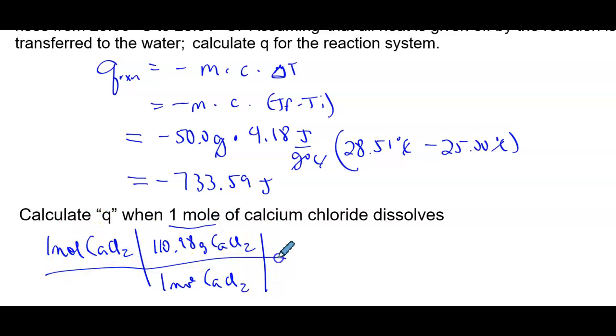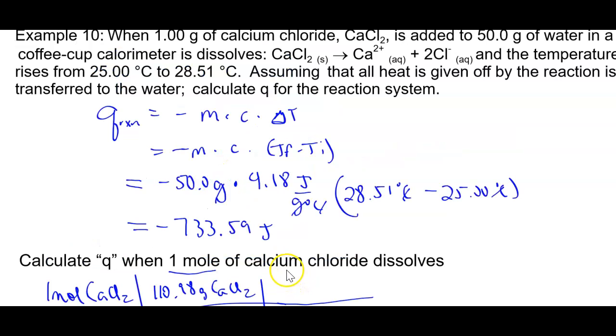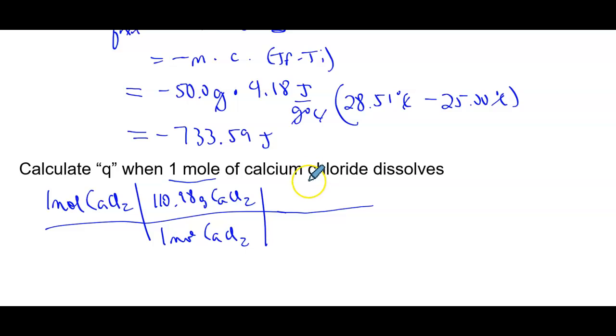And then I know from my equation up above, the reaction that I did, that for every 1.00 gram of calcium chloride, we release negative 733.59 joules. So this is a relationship just like the periodic table relationship. Now we have established from our math up here a relationship between in versus out. Okay, and so units cancel, and we have joules left.